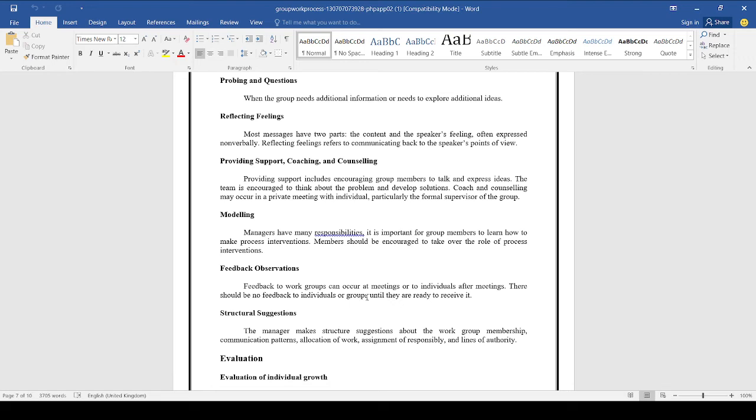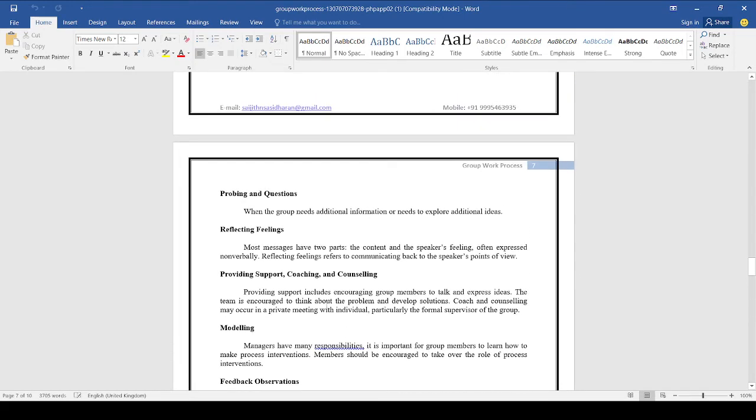We can change the communication patterns of the group members by giving structural suggestions: the allocation of the work, what responsibilities are assigned to the group members, which line of authority is assigned. These are structural, and this can be changed by the structural suggestions of the group worker.